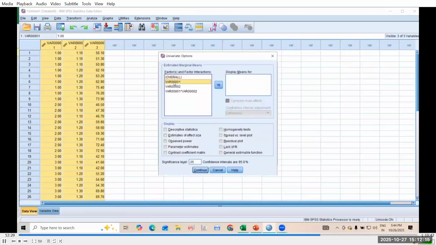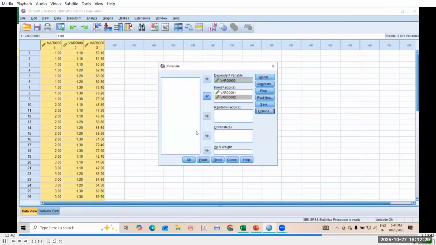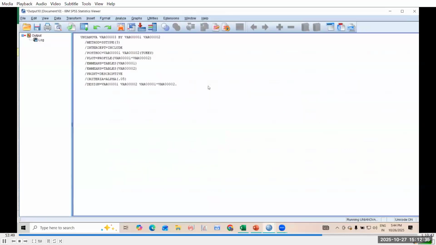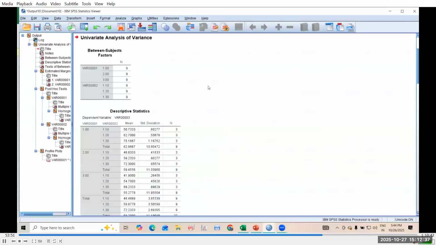Like we have chosen three types of linear formats. Okay. And the display will be the descriptive statistics. Let's click continue. Then click OK. It will take some time.